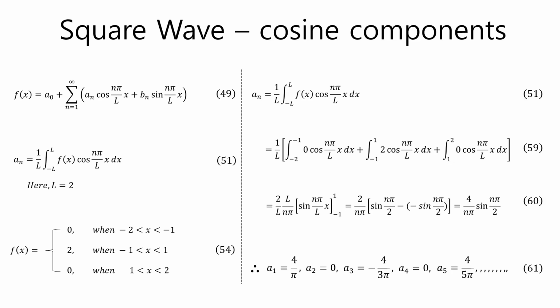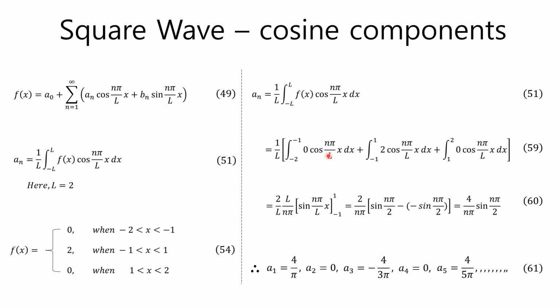Next, let's find An using Euler's formula 51. As before, the period of the square wave is 4 and L is half the period, so it is 2. By substituting the value of the f(x) function in equation 54 into equation 51 and calculating the integral equation for each section, equation 59 can be obtained.